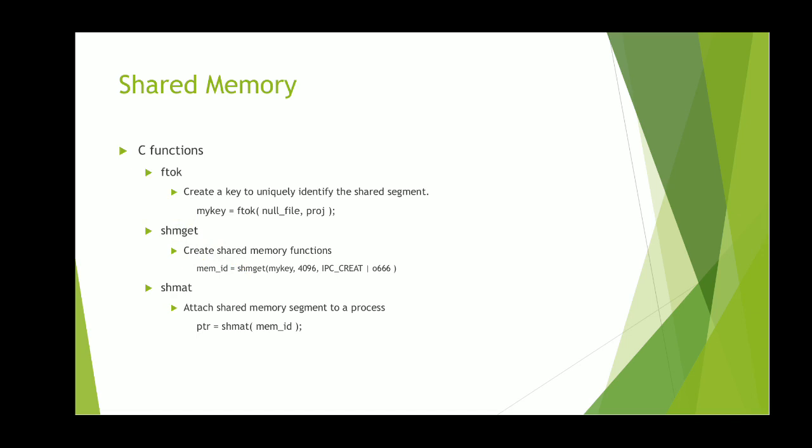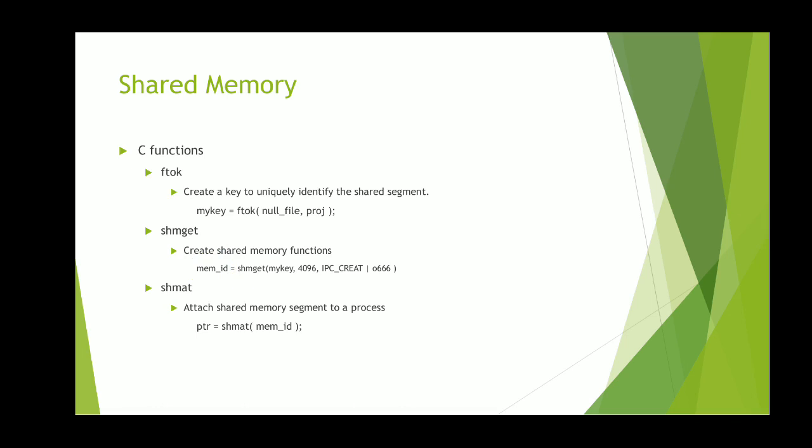Along with the unique key, the shmget function also needs the size of the memory segment as well as the permission of the memory segment. So this is the syntax of the shmget function, and upon executing it, we will get a memory ID.